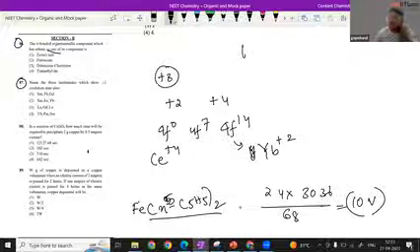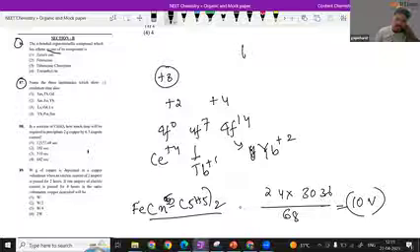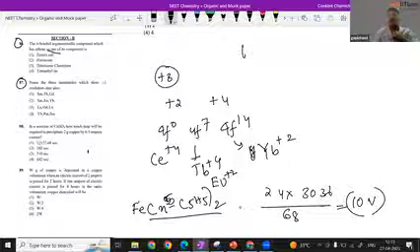That is why instead of getting +3, they will get +2. Similarly terbium also exists in the +4 state, and europium in +2. Europium will exist in the +2 state because it forms a half-filled configuration.